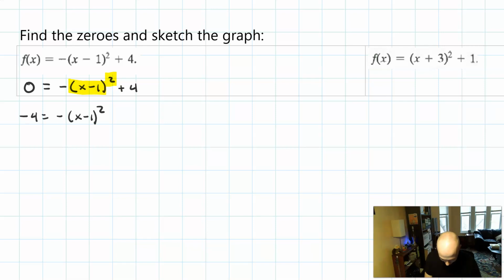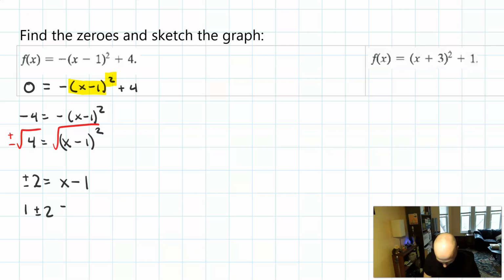And then I'm going to divide out this negative. And then you can square root both sides. Don't forget a plus or minus when you're taking the root here. So 1 plus or minus 2 will equal x, and then we can evaluate this to be negative 1 or 3.